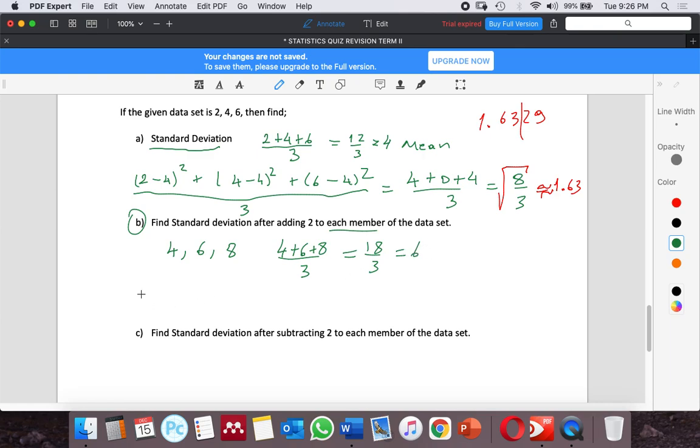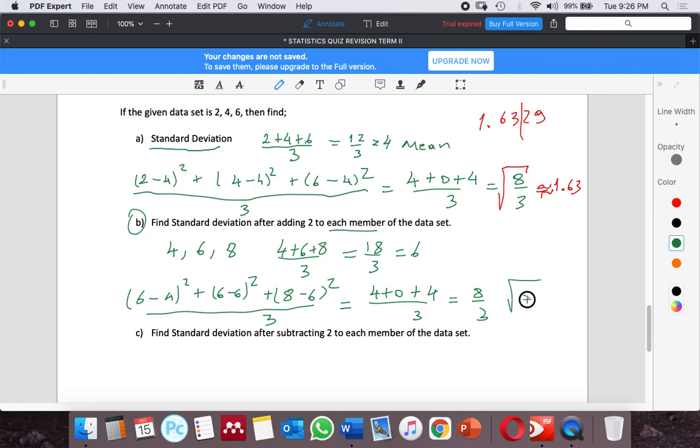And then I take (4 minus 6) squared, (6 minus 6) squared, (8 minus 6) squared, divided by the 3 members I have. So this is now the variance. It will be 2 squared is 4, 0, plus 4, divided by 3, which is 8 over 3. This is the variance.